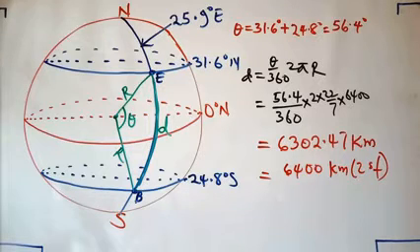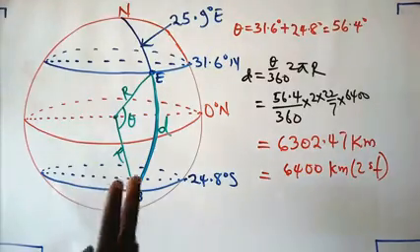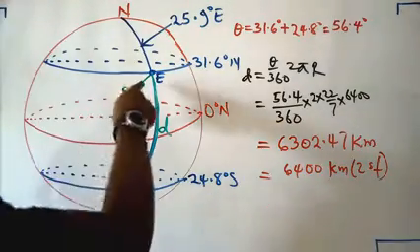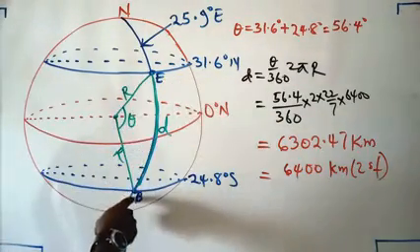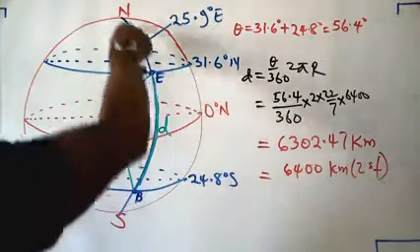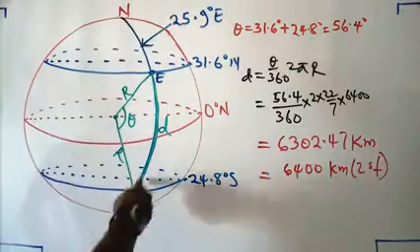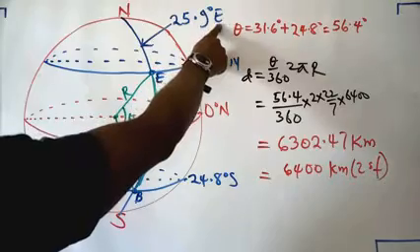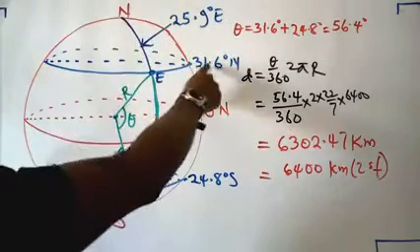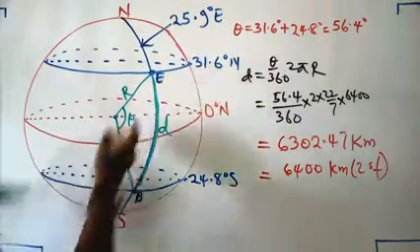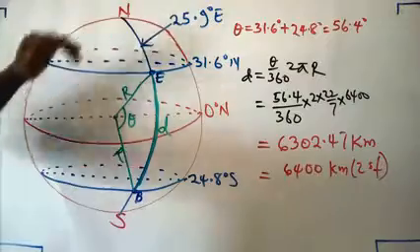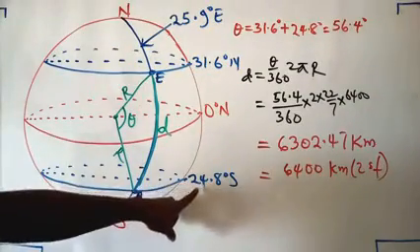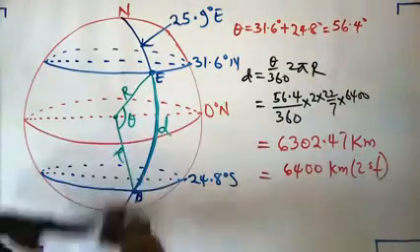In this next example, we are told that there are two towns, in Egypt and Botswana, and they are both on the same longitude. The longitude is 25.9 degrees east. Their latitudes are 31.6 degrees north, so I place it towards the north, and the other one is 24.8 degrees south, towards the south.